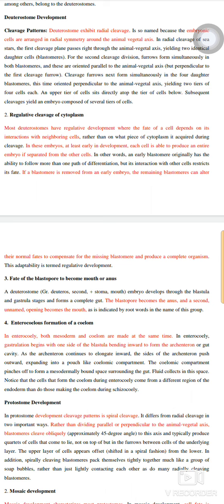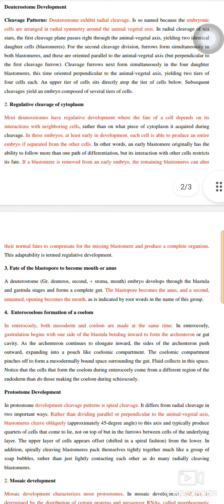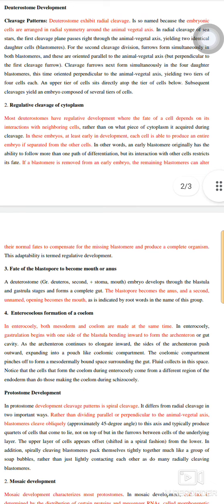Now, if a blastomere is removed from an early embryo, the remaining blastomeres can alter their normal fates to compensate for the missing blastomere and produce a complete organism. This adaptability is termed regulative development. So this is why we call it regulative development.